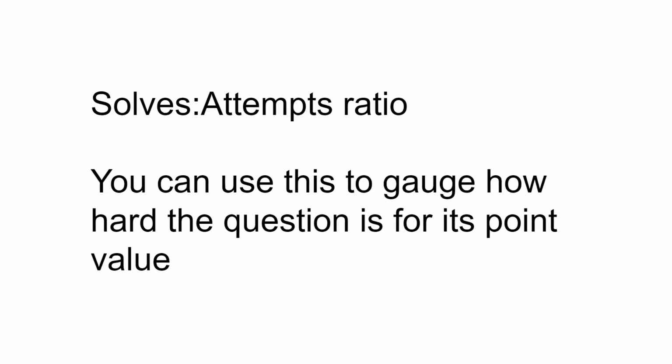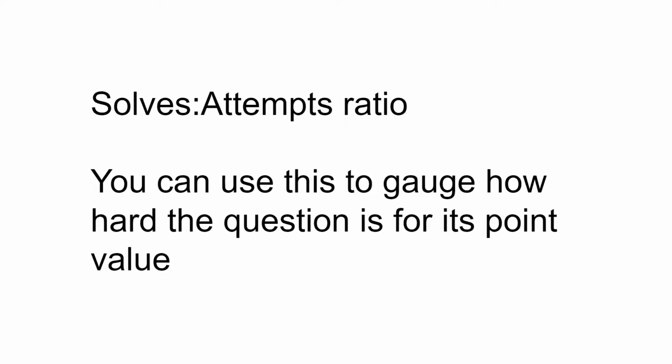Usually a lot of CTFs won't count off against you for how many times you try to submit a flag, but some of them actually do. So this is a very valuable thing. Another thing you can do is look at a low solves ratio. Let's say in a challenge there's 32 solves and 45 attempts.